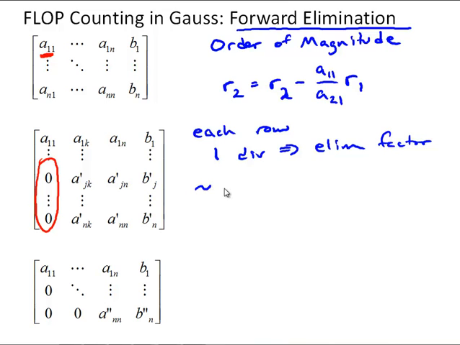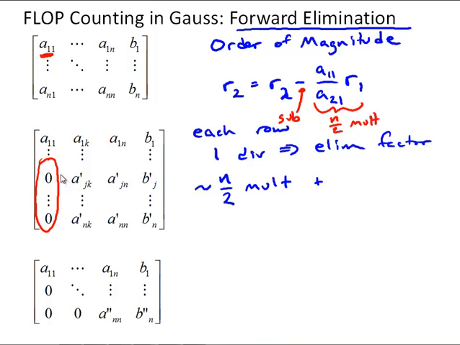The number of elements in the row is going to decrease as we move through the pivots, so let's call it n over 2 multiplications. That would be this multiplication, which we'll have n over 2 of for each row, plus here's our subtraction at each element of the row.